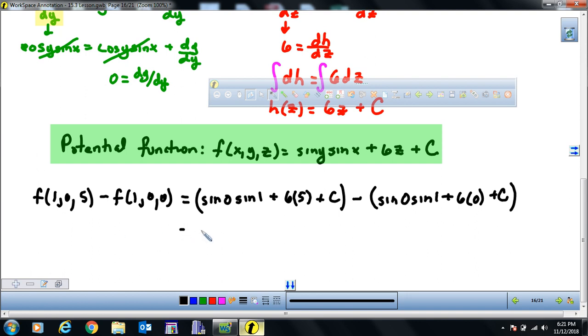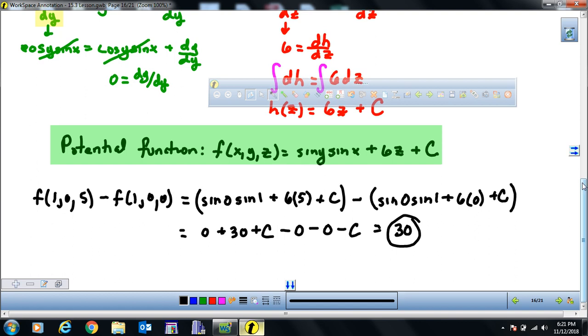And this is going to give us 0 plus 30 plus c minus 0 minus 0 minus c, which is going to be equal to 30.